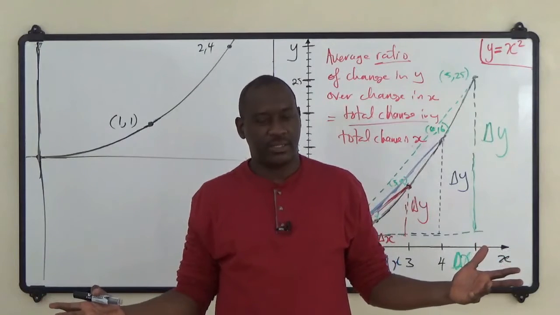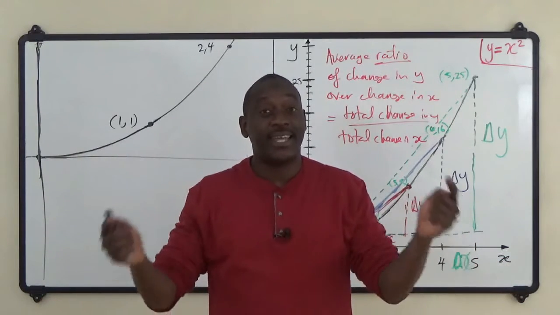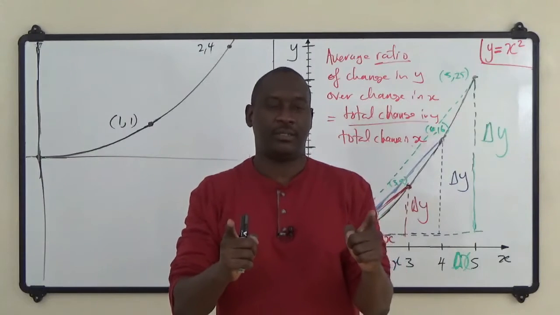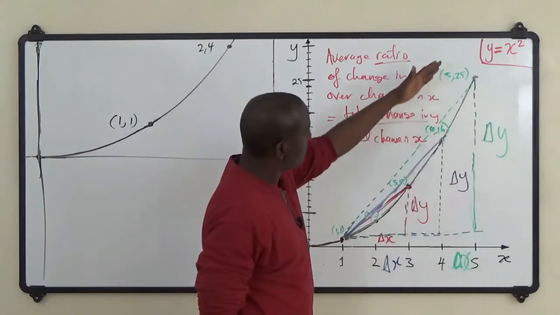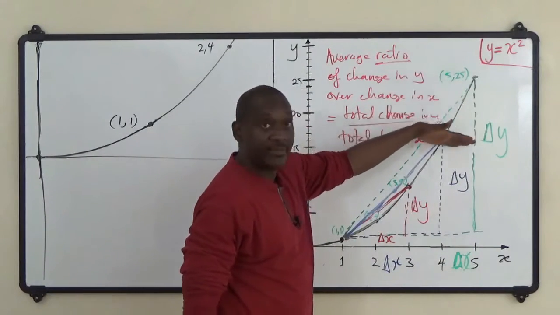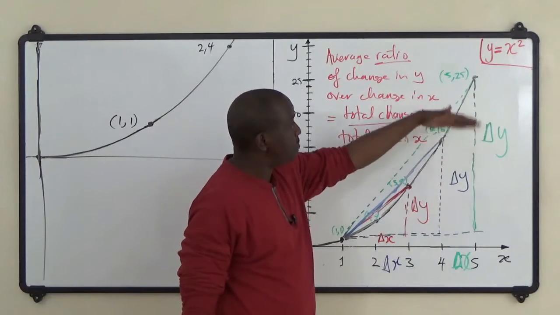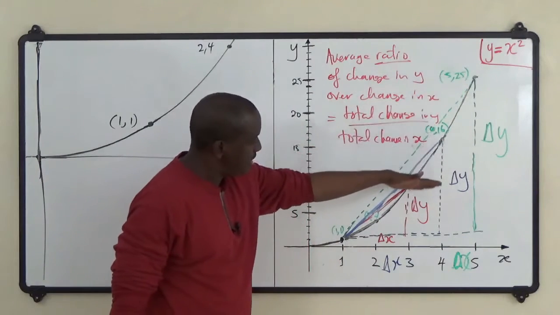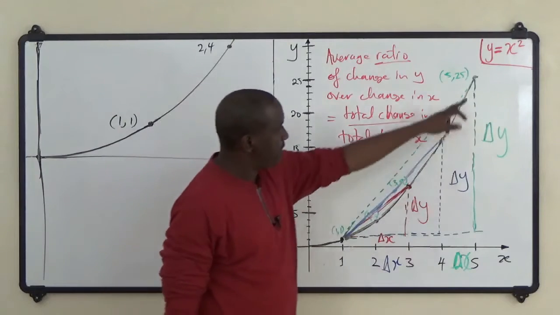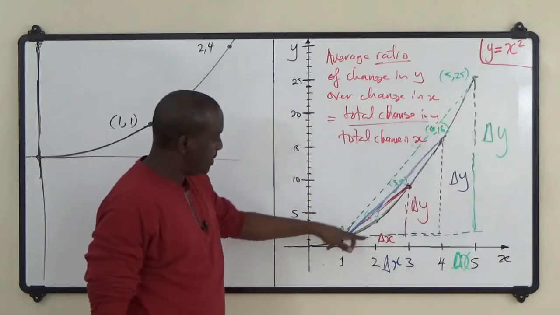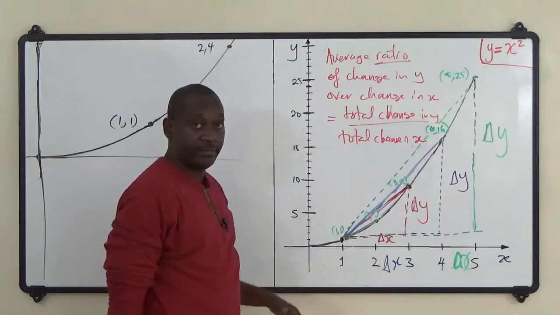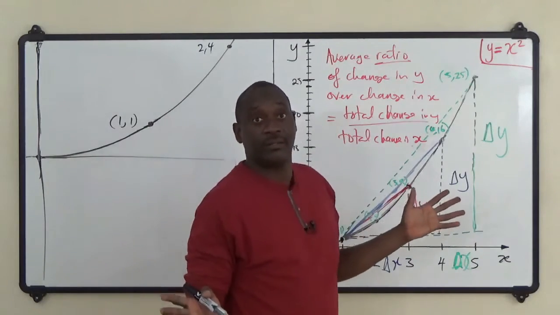In other words, and listen to me carefully now, is there any limit to this progressive decrease in the gradient between this point all the way to this point here?